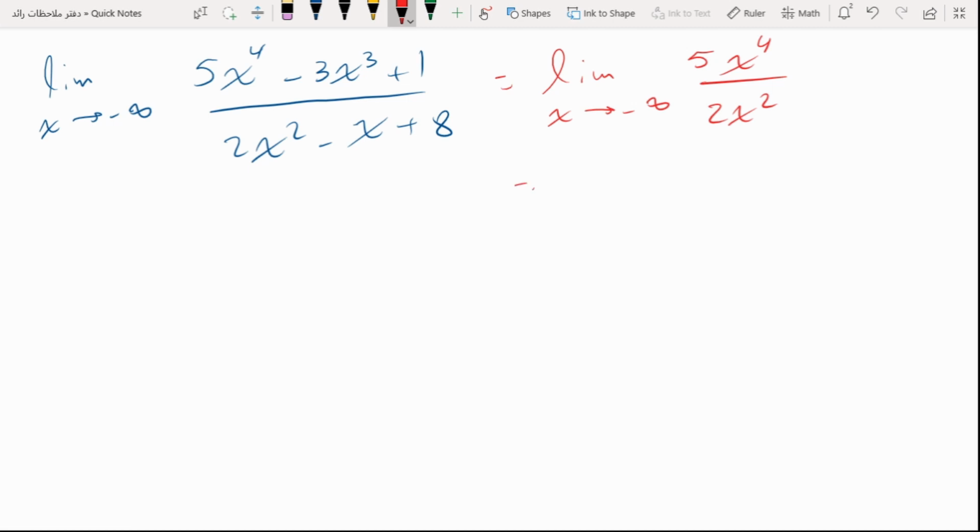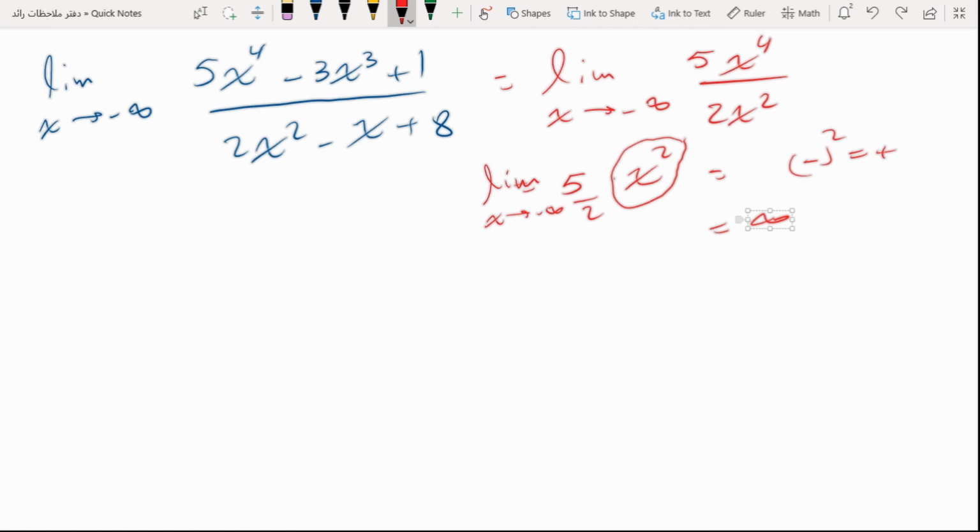By simplifying, it will be 5 over 2 x to the power of 2 limit as x approaches to negative infinity. Now, because it's to the power of 2, the answer will be positive infinity. Why? Because negative to the power of 2 is positive. So it will be positive infinity. طيب another example مشان الطالب ياخذ حذره.